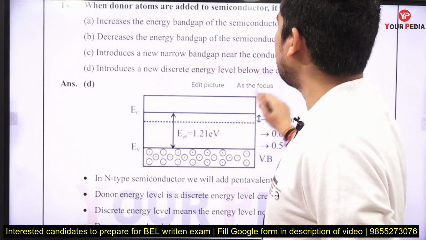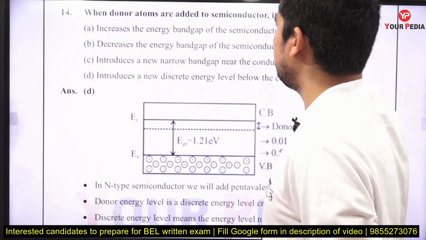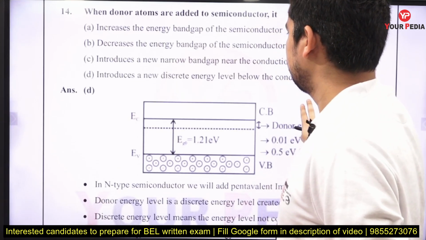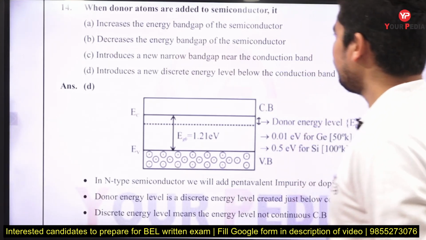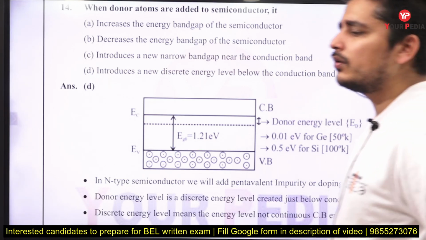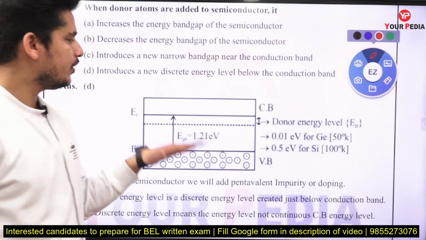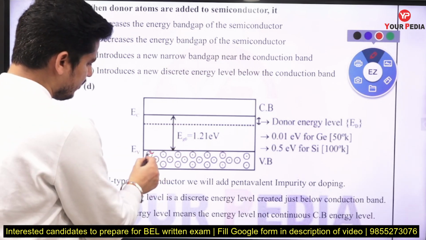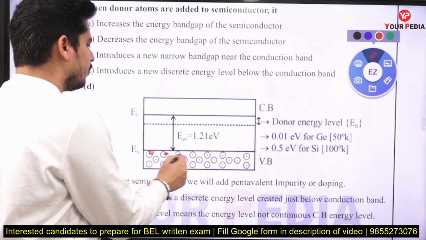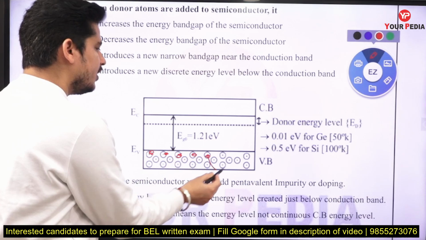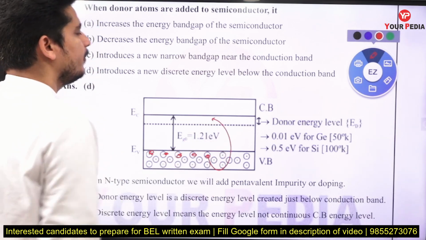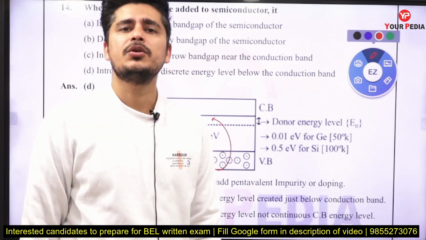When donor atoms are added inside the semiconductor, what happens? Whenever we introduce the donor atom, there are electrons in the valence band currently without doping. When you do the doping, they will jump to the conduction band, but they don't directly jump to the conduction band.